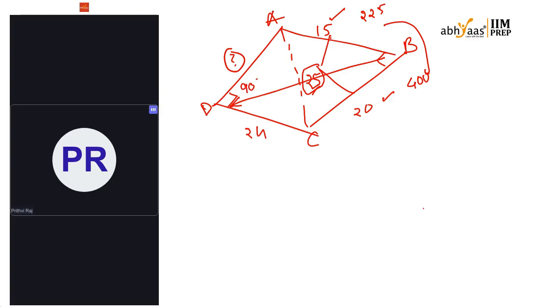Now 24 and 25. What is the length of this one? You can use Pythagoras, or you can directly say that it is a right angle triplet. 7 should be the answer. Or if you know the trick of squares, 25 square minus 24 square is the square of 7, 49. Okay, the answer is 7.